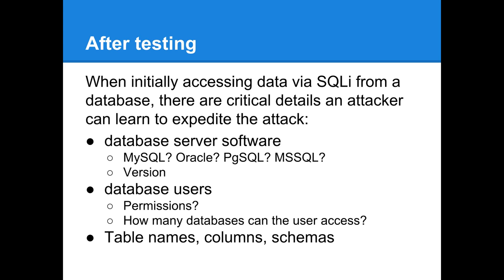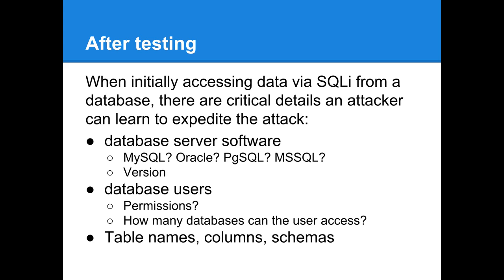So, after you initially discover a SQL injection vector, you want to discover 3 things. You want to learn what the database server software is, whether it's MySQL, Oracle, PostgreSQL, Microsoft SQL, etc. What version of the software it is.